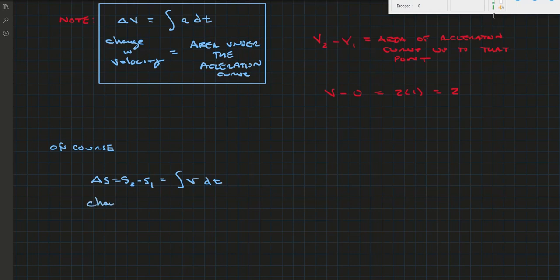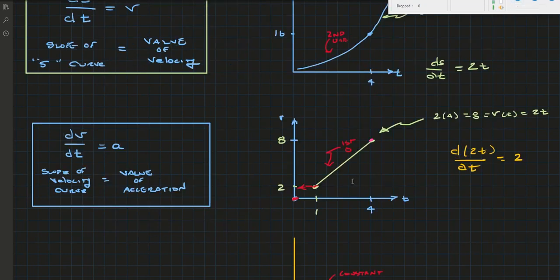So let's do the change in displacement equals the area under the velocity curve. In this case, this is a triangular curve here that starts at 0 and ends at 4.